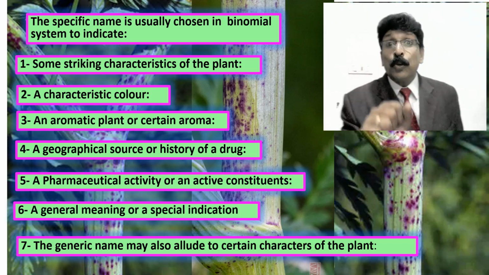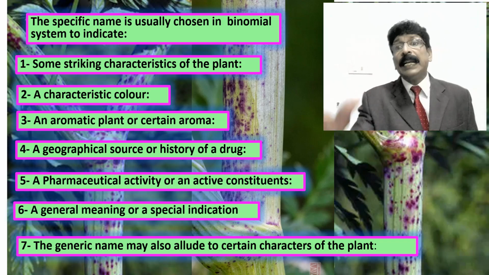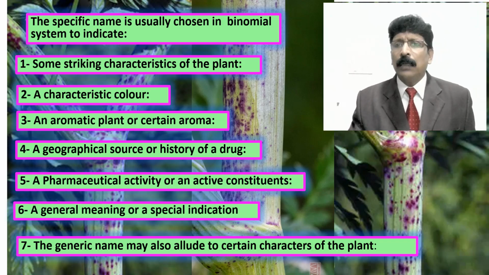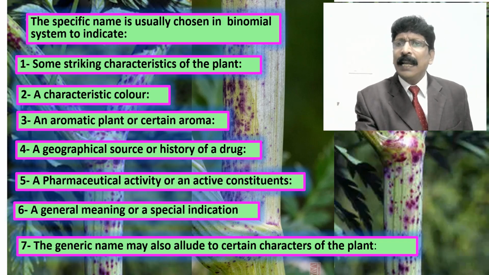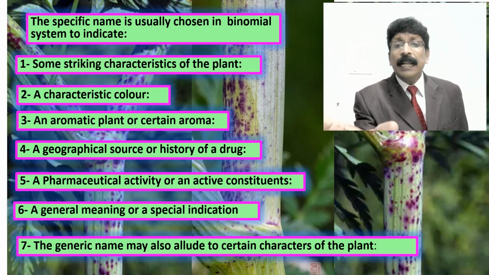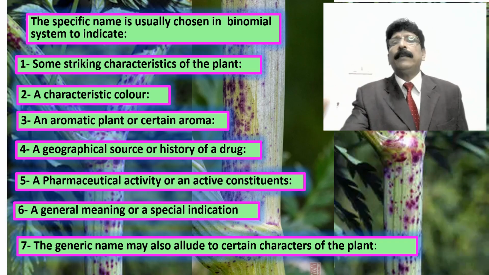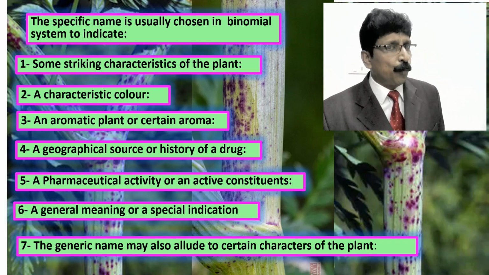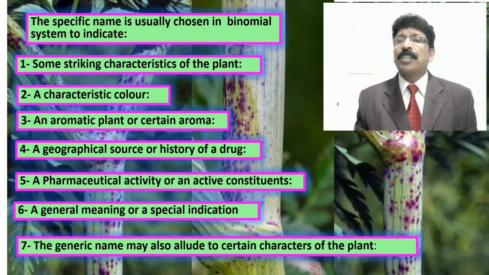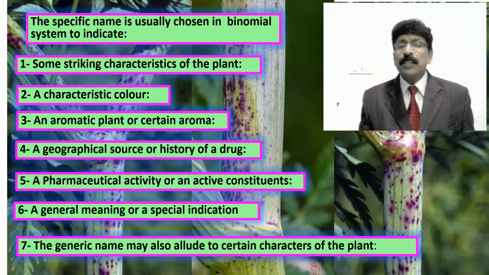Genus also, as I told, Atropa. Generic name also can be Atropa belladonna. Atropa is the generic name. The generic name also has a meaning in that. Atropa means it is for poisoning the enemies, they were using Atropa belladonna. So Atropa, the name is given. So it's interesting to know about these names.